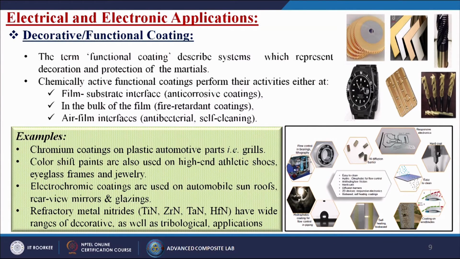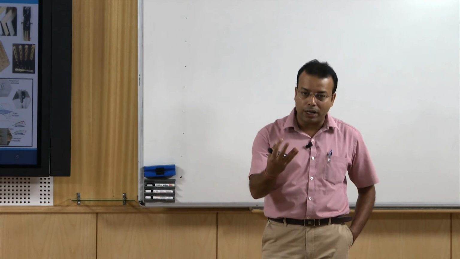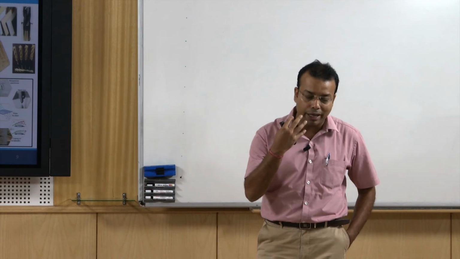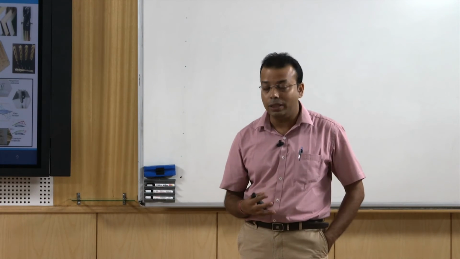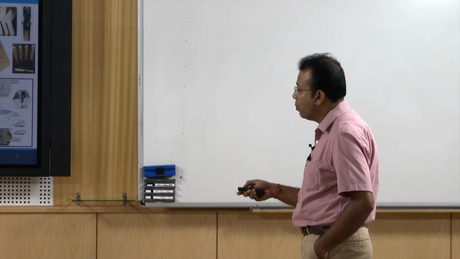Color shift paints are also used on high end athletic shoes, eyeglass frames and jewelry. Electrochromic coatings are used on automobile sunroofs, rear view mirrors, glazings, so that the sunlight does not come directly inside the car, or fall onto the driver's eye, and heat also will not be absorbed inside the car.